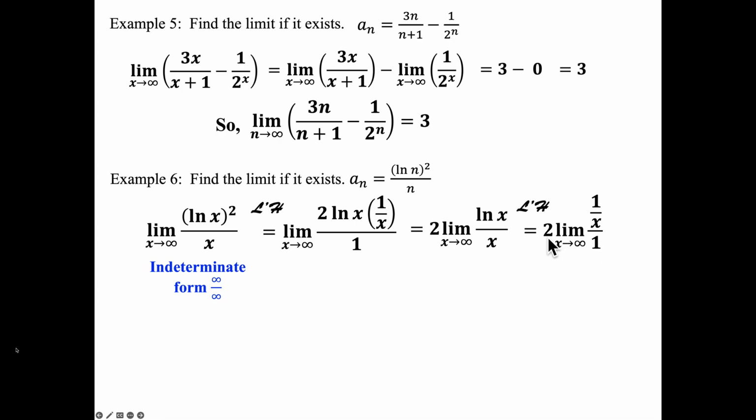So now we can find our limit. The 1 on the bottom is not needed. As x approaches infinity, you're going to get a 0 here. So this is 2 times 0, or 0. And therefore your sequence function is also approaching 0.